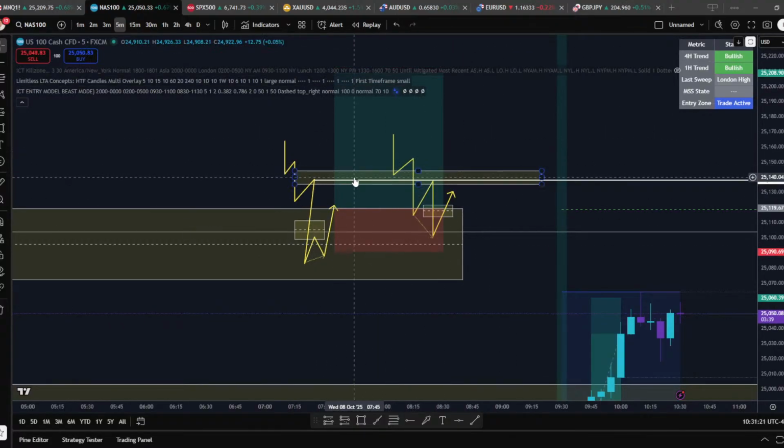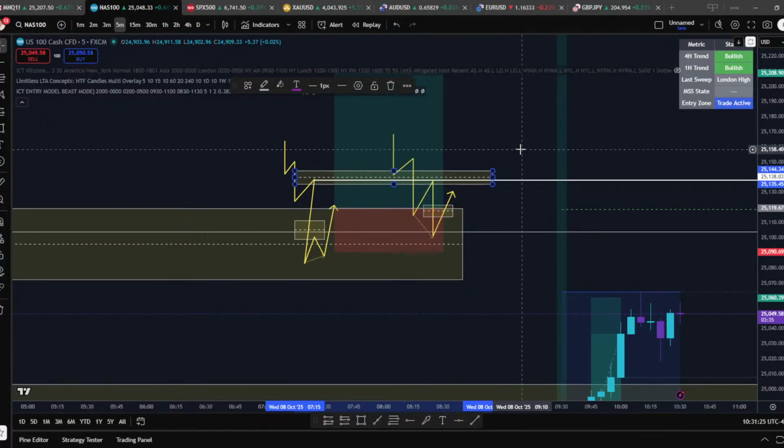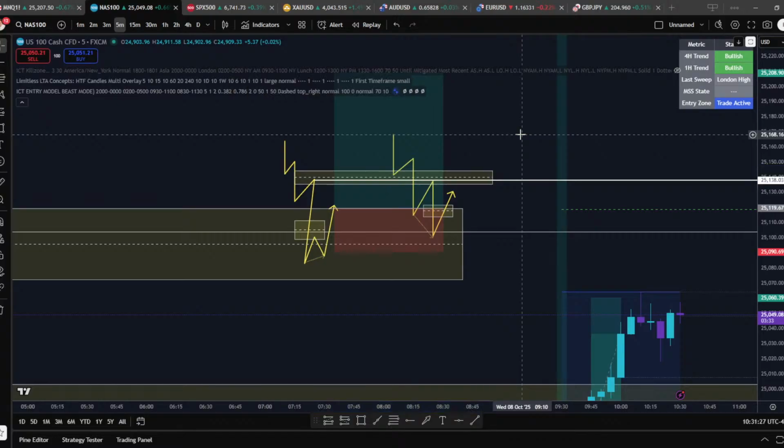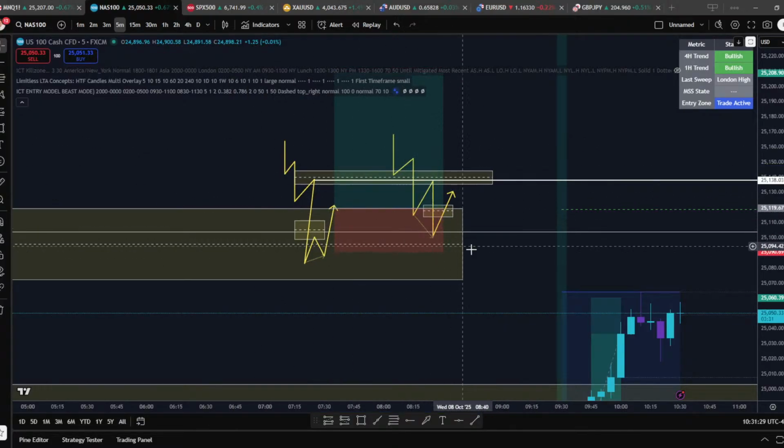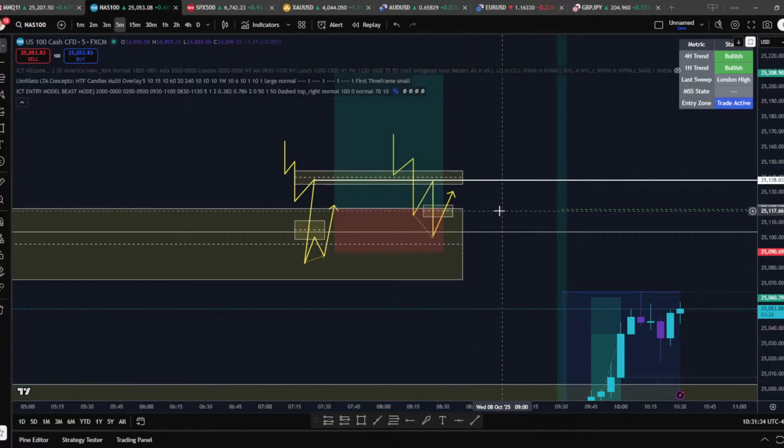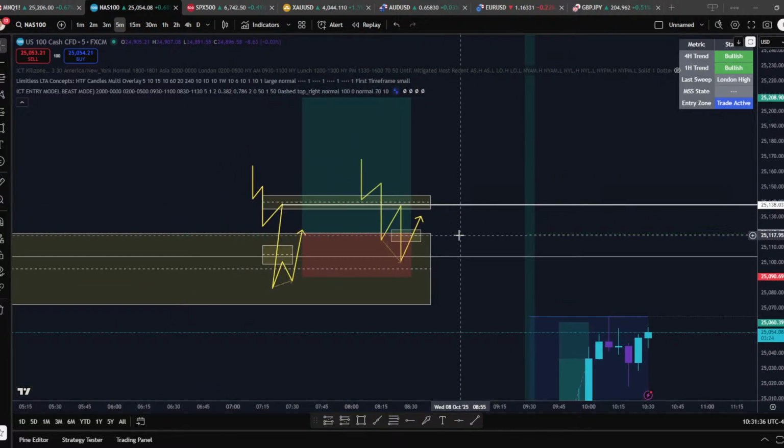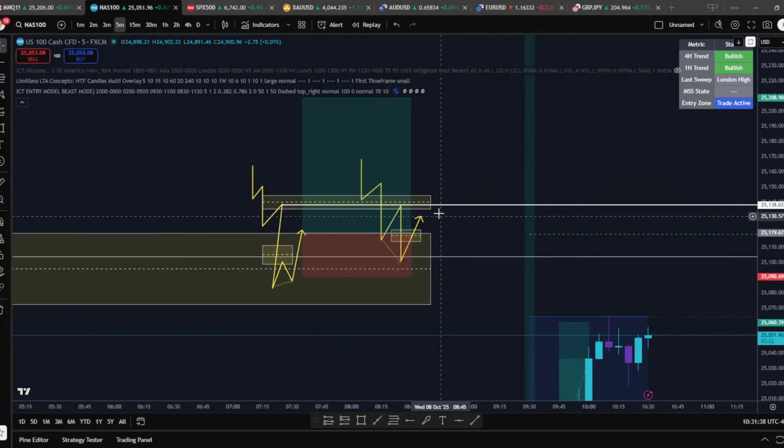That's what we're looking for. So the price action needs to be right as well. So there's a lot of criteria that needs to be met when it comes to the inverse fair value gap strategy.